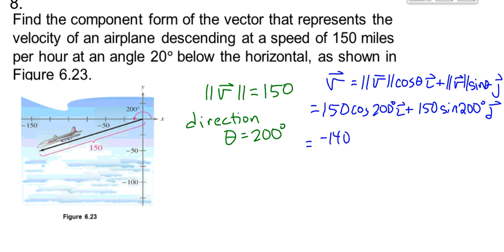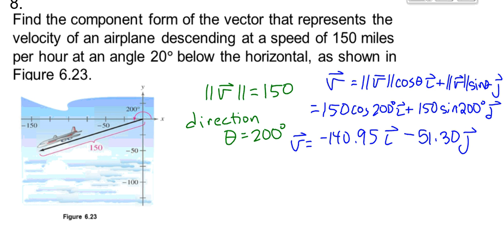Negative 140.95 i. And then it's going to be minus, do you agree? Because it's negative, negative. Minus 51.30 j. And so this is vector v, and we're using really a linear combination form.